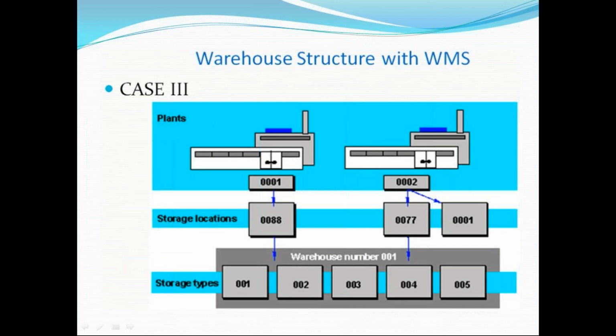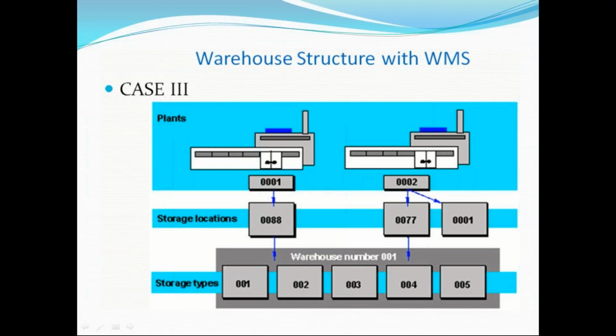Moving on to case 3, warehouse structure with warehouse management system. This is a much more complex way, in which there are plants 0001 and 0002. 0001 has one storage location 0088, and 0002 has two storage locations 0077 and 0001.